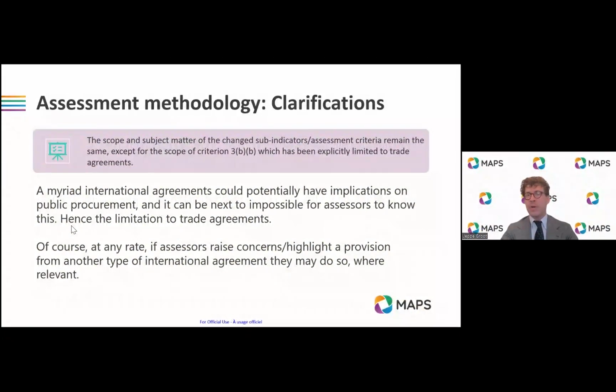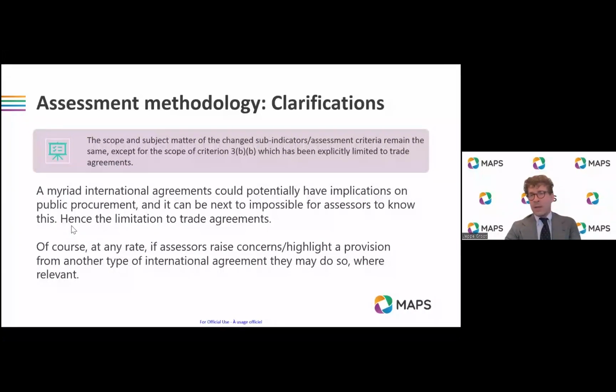It is just that the requirement is to look at trade agreements. If you, in the context that you're assessing, want to look at more, that is okay, but the requirement is now for trade agreements only.